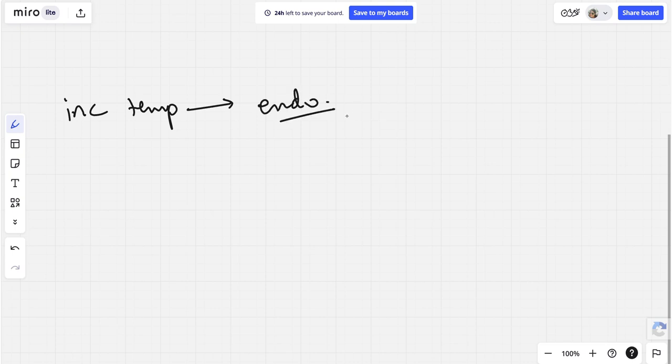What is the definition of an endothermic reaction? The one that absorbs heat energy. And let's say if you are increasing the pressure, the equilibrium will shift towards the side where there are fewer gaseous moles. Got this, everybody?